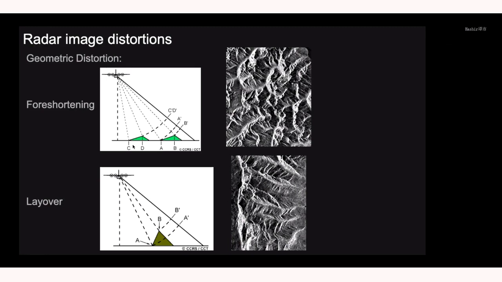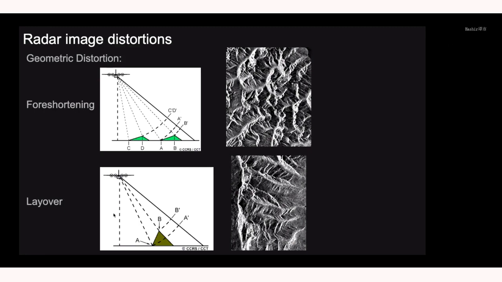It's when the radar is perpendicular, as I said. So the length of the slope will be reduced to an effective length of 0. See here, the length of C and D is this one, but what we see in the SAR image will be C dash and D dash, which will be almost 0.